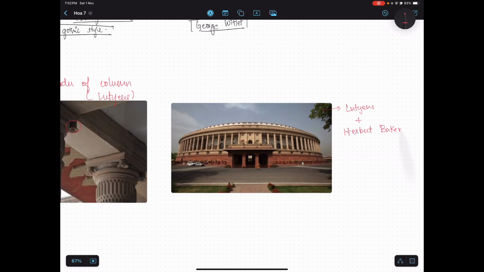This is our Sansad Bhavan, or the House of Parliament. And this Sansad Bhavan is said to be resembling our Ashoka Chakra.